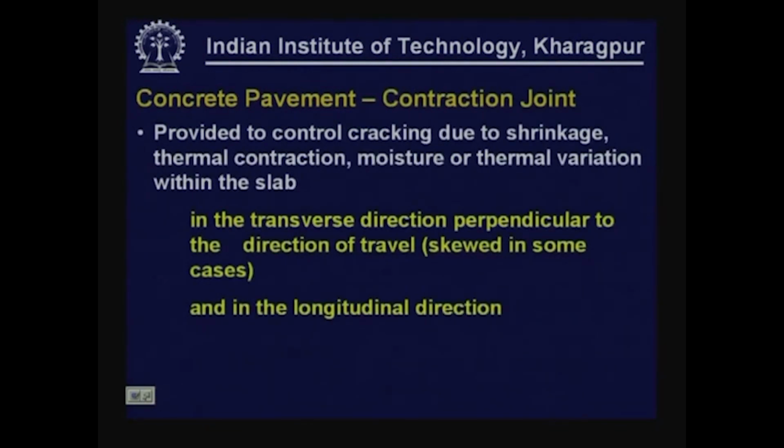Contraction joints are provided to control cracking in the slab due to shrinkage, thermal contraction, moisture or thermal variation within the slab. These are basically there to relieve the stresses that are produced because of variation in temperature, variation in moisture, basically variation in volume either of the slab or of the foundation.